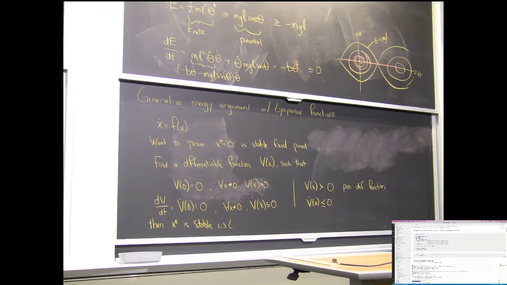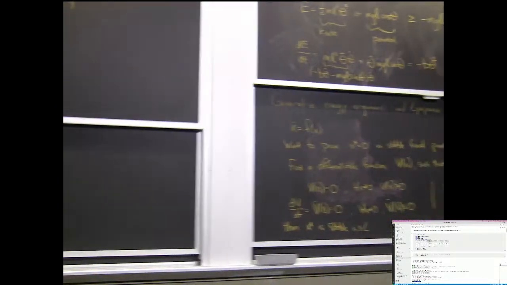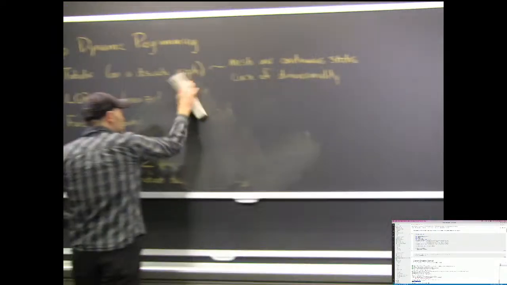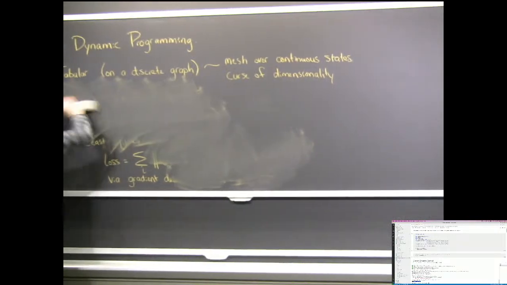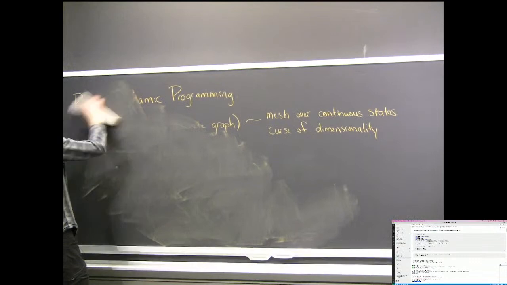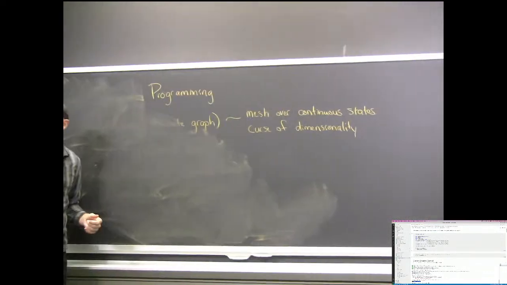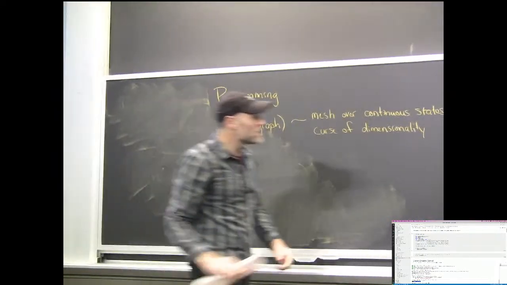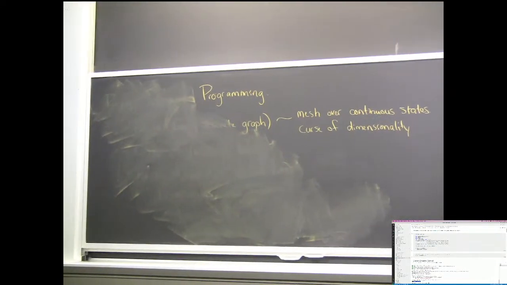Okay, so why is the existence of that function enough to prove stability, or why is it related to stability in the sense of Lyapunov? Do you remember stability in the sense of Lyapunov? What's the relation between v and f?